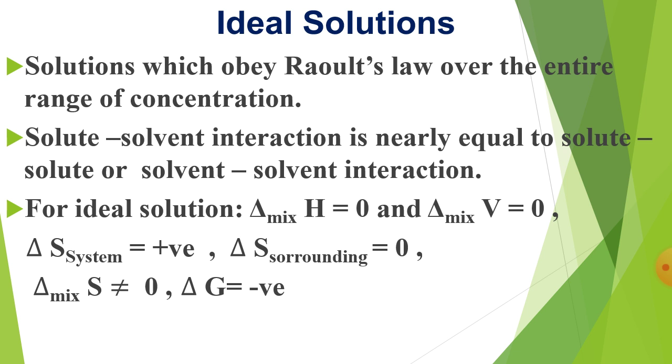In this condition, AB interaction is equal to AA interaction plus BB interaction. Then for ideal solution, delta mix H equals 0.